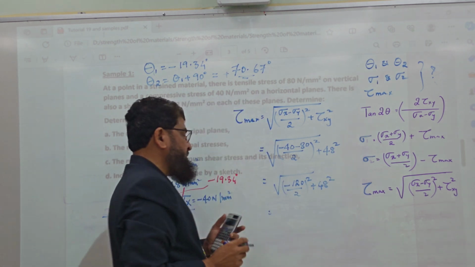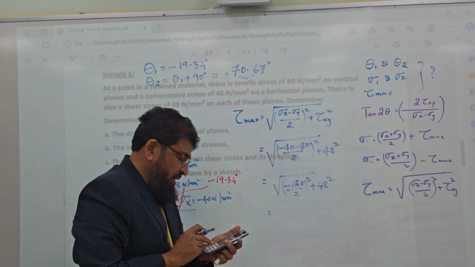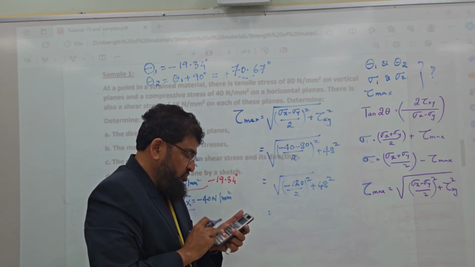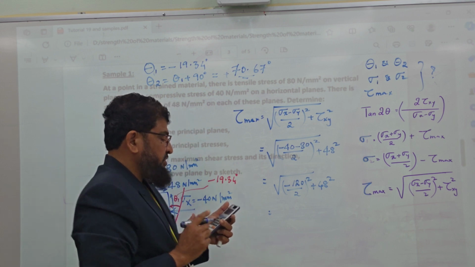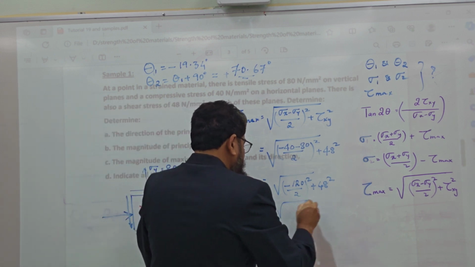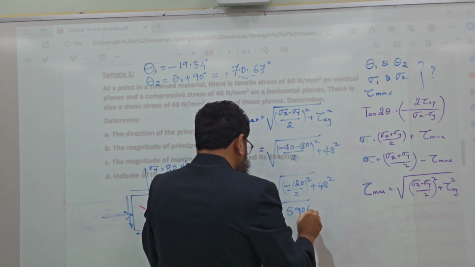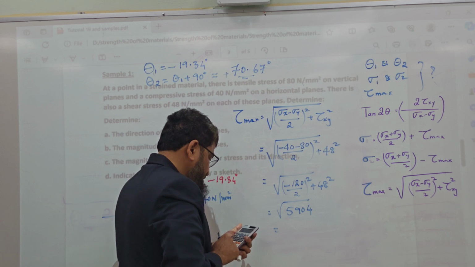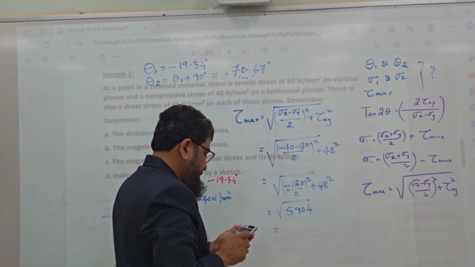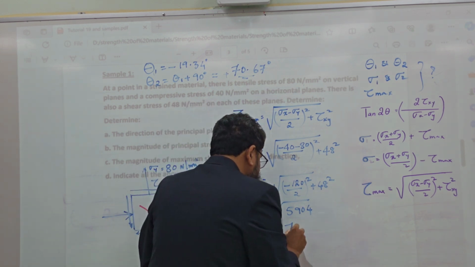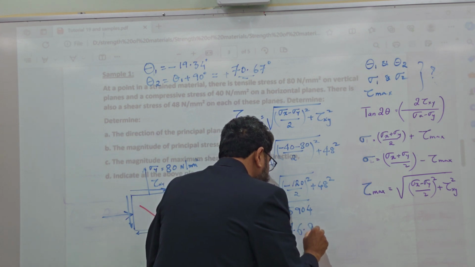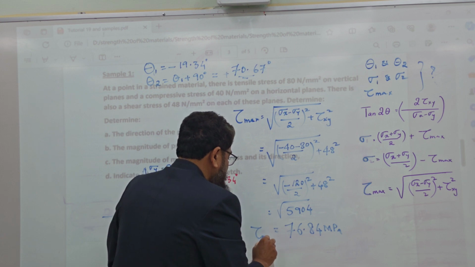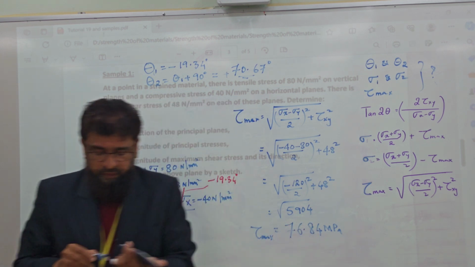This gives me how much? 60 square, is it not? 60 square plus 48 square, 5904 under the root. If I take the square root of 5904, the answer is 76.84 megapascal. This is your tau max.